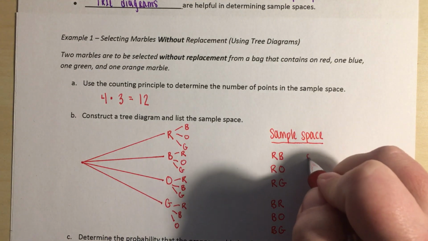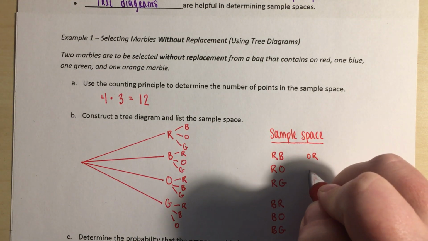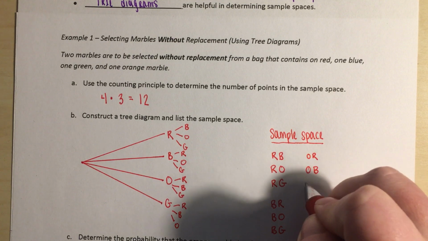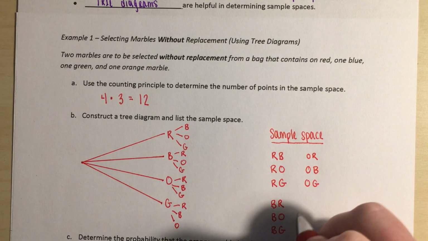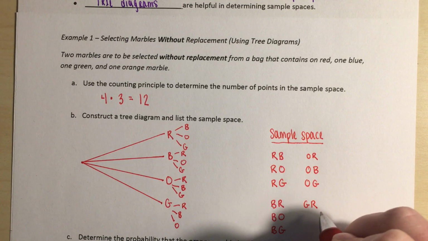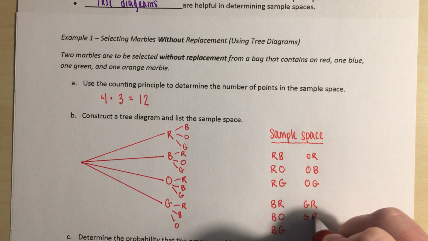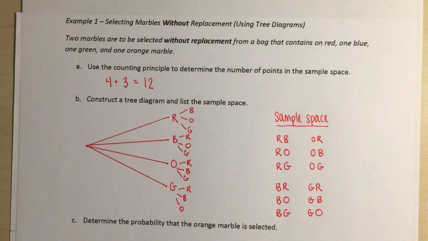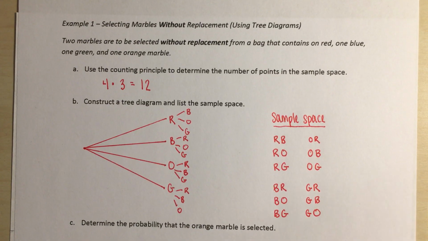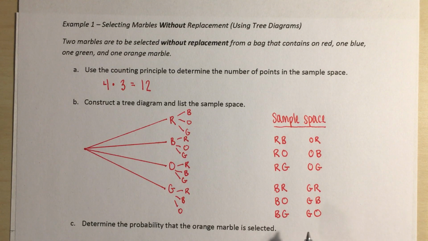Then we could do orange, then red, orange, then blue, orange, then green. And lastly from our group down here, green and then red, green and then blue, green and then orange. So if we look at our list of our sample space, we have 12 different possible cases, and that's what we got from part A using our counting principle.